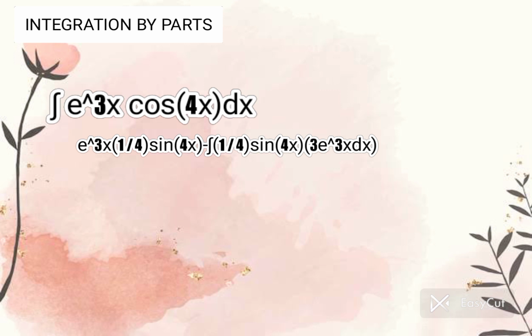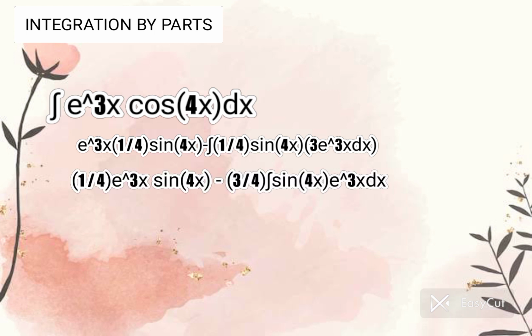Then simplifying, we have the integral of e raised to 3x cosine 4x dx is equal to 1 over 4 e raised to 3x sine 4x minus 3 over 4 the integral of sine 4x e raised to the power of 3x dx.